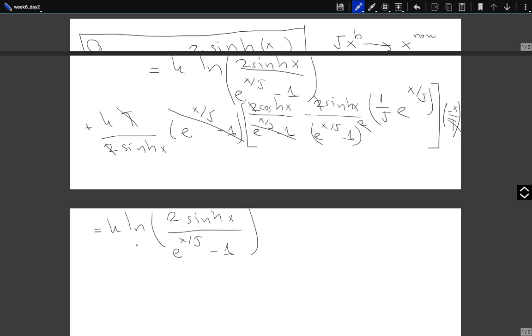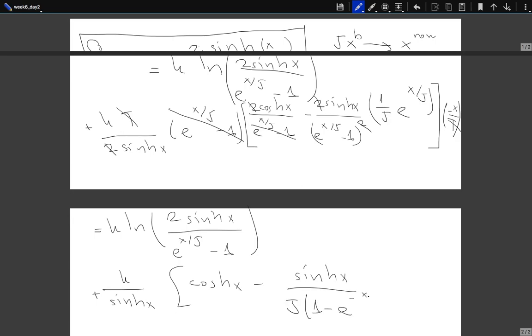So what remains is plus k over sinh x times cosh x minus sinh x over j, 1 minus e to the power minus x over j, multiplied with minus x.